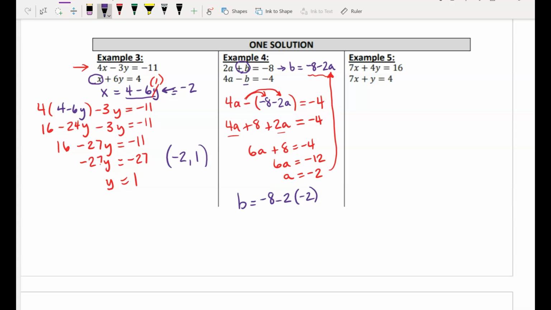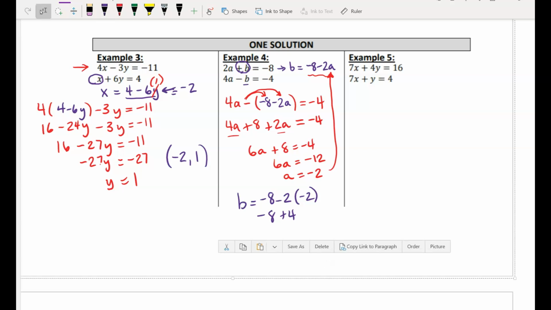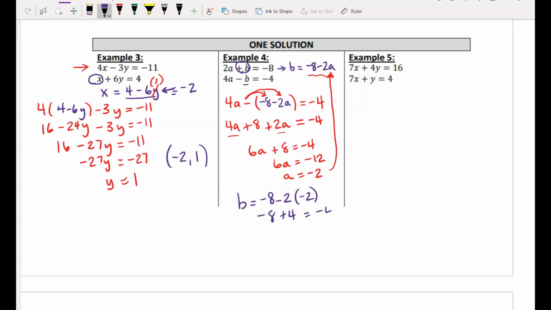So negative 2 times negative 2 is a positive 4, and b is equal to negative 8 plus 4, which is equal to negative 4. So a equals negative 2 and b equals negative 4 is the solution to that linear system. Pause the video right now and try that on example 5.